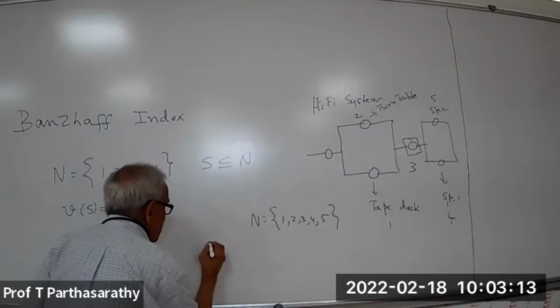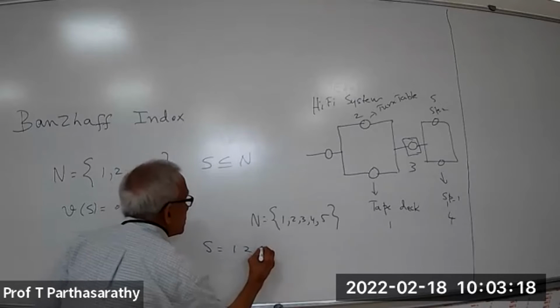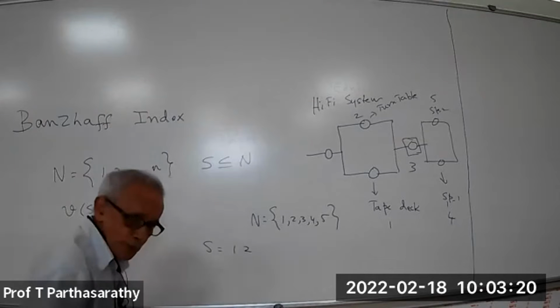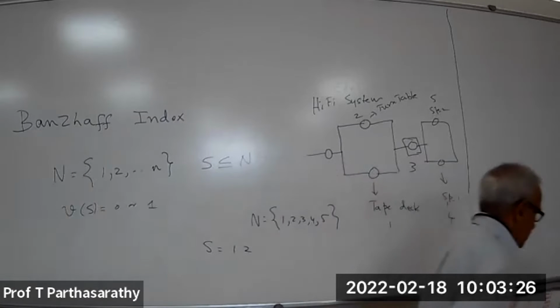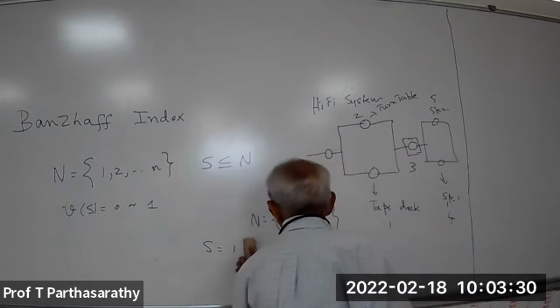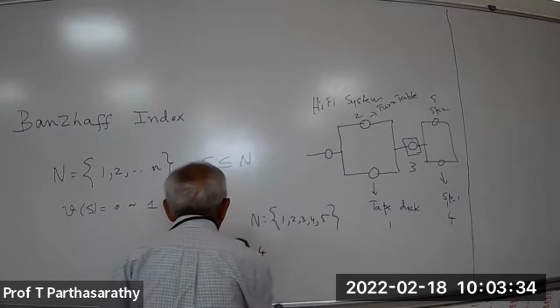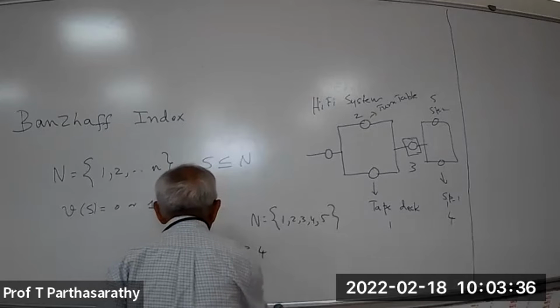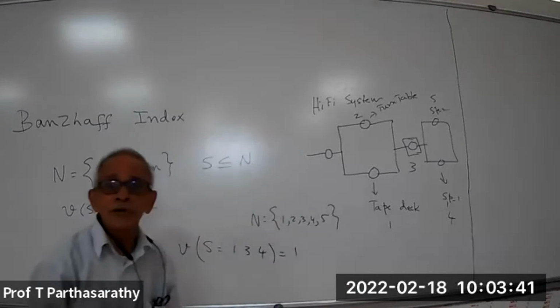Suppose I pick S equal to 1, 2, not 2, because then the music will be jarring if I operate both simultaneously. So S equal to 1, 3, 4 is a winning coalition. V of this is 1. That is, the system works because you can listen to the music.